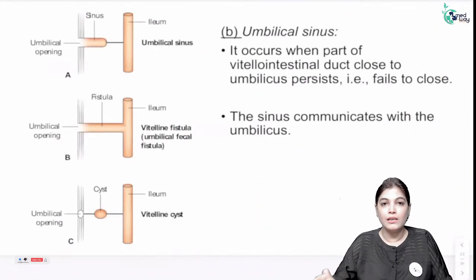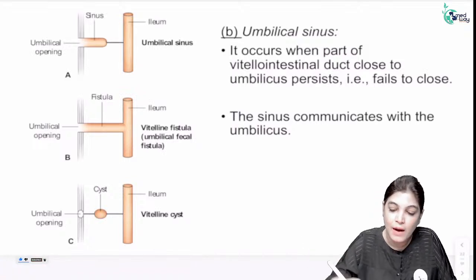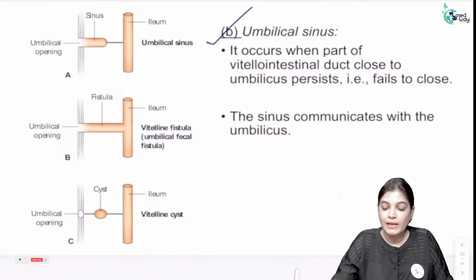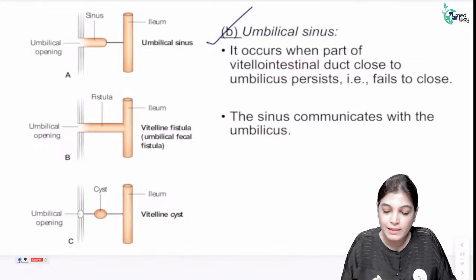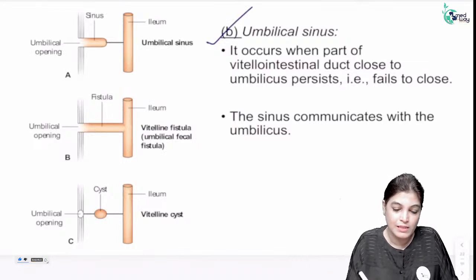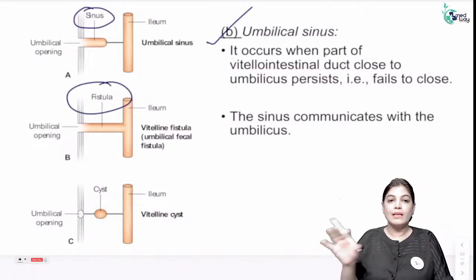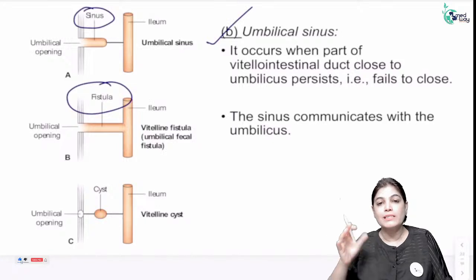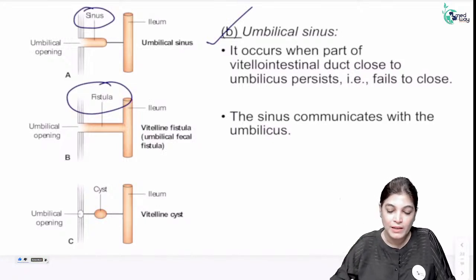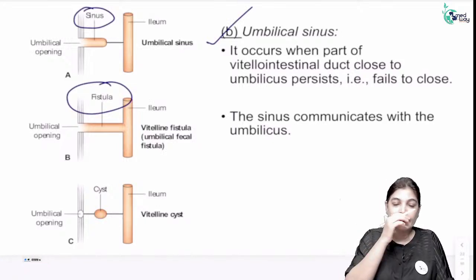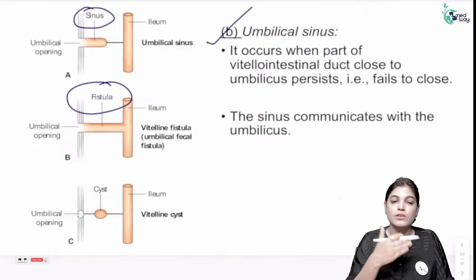Now, another anomaly of the vitello-intestinal duct is the umbilical sinus, which will be there when a part of the vitello-intestinal duct close to the umbilicus is persisting. So this is in the form of a sinus, communicating with the umbilicus. If the whole tract is not obliterated, it has communication internal and external.